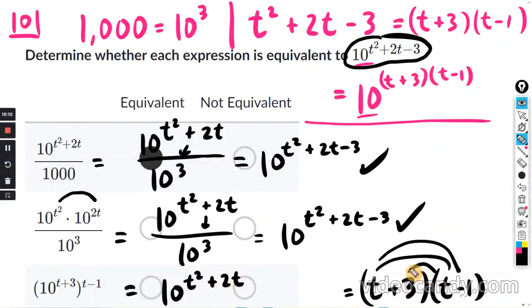And the last term is 3 times negative 1, which is negative 3. And we can see that matches. And it didn't matter anyway because we already factored this, and we knew that one matched as well. So on these exponents, I just multiplied t plus 3 times t minus 1. You can use FOIL or distributive property, and you'll get this right here. It matches the original. So all three of them are equivalent.